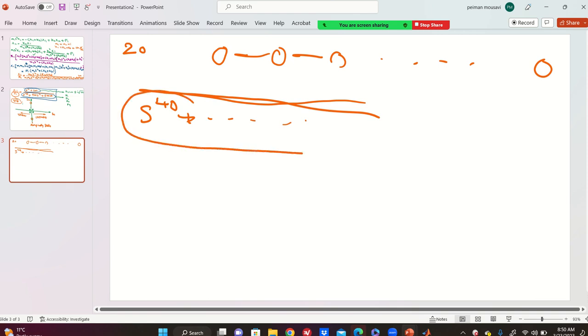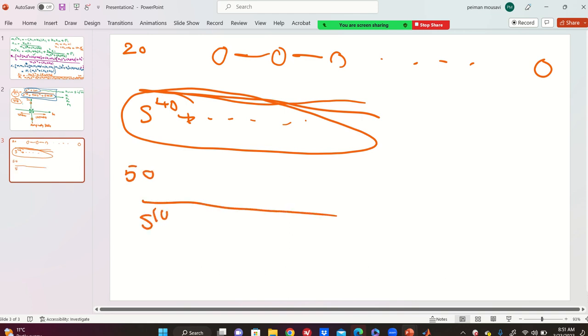So you're gonna have 40 poles. This is my point. 40 poles. See what I'm saying? If you have, I don't know, 50 masses, you're gonna have S to the 100. You're gonna have 100 poles. You cannot solve by hand. What you're gonna do? You have to go to MATLAB. Use this command.